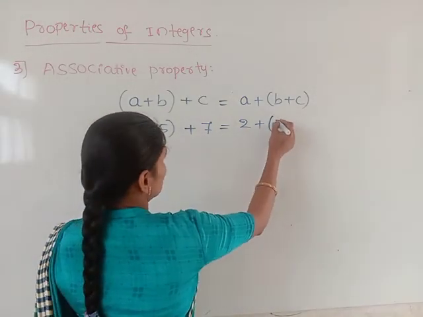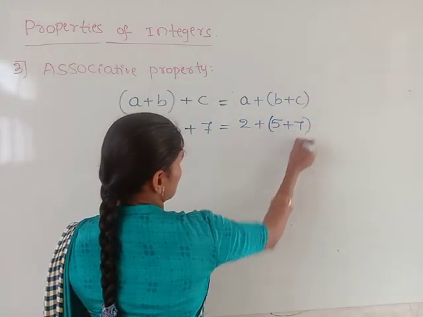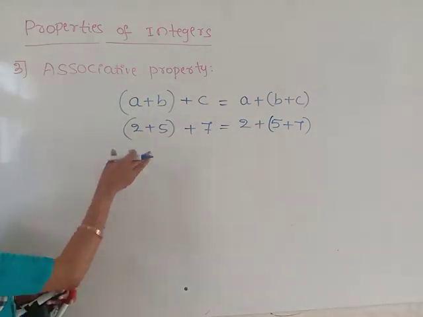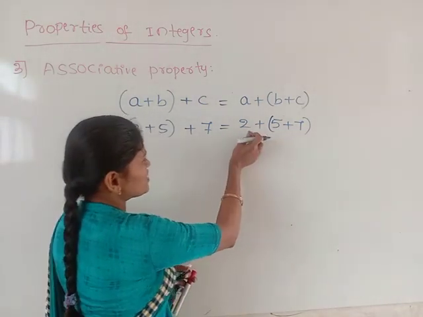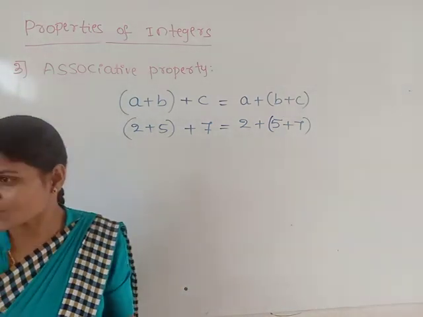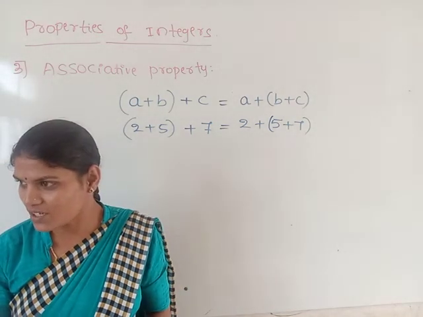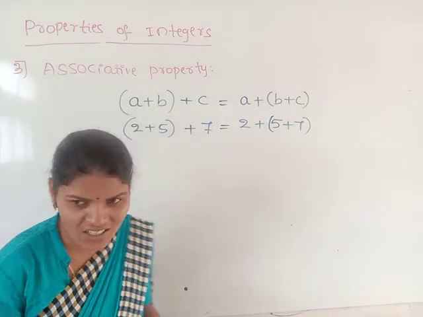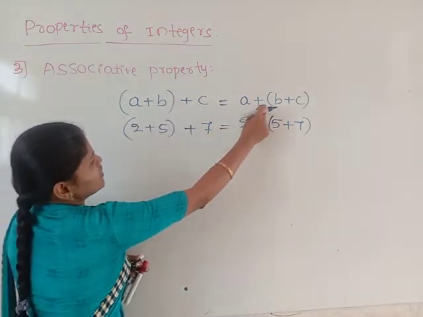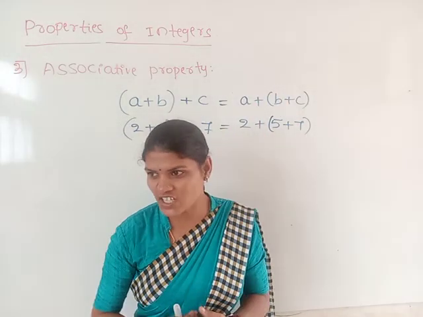First, Bhuvan gave 5 rupees and Chetan gave 7 rupees. We have to check whether the sum of these two plus C and the sum of these two plus A are equal or not. If they are equal, then it is balancing. Then our associative property exists under which operation? Addition. Shall we check it?